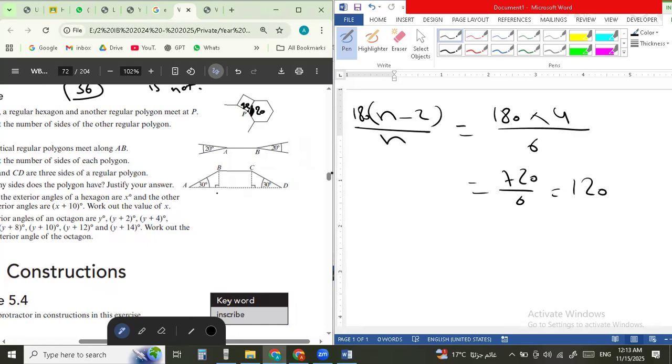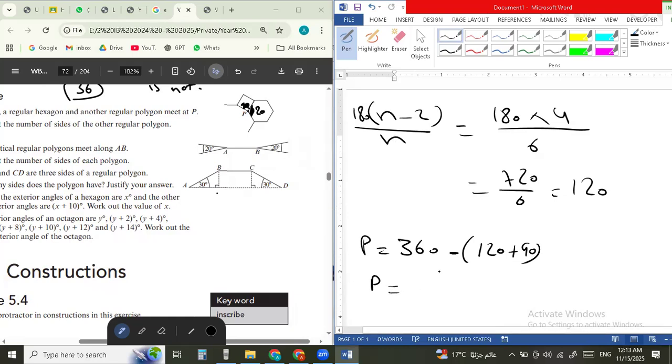So what is the total? 90 and 120 is exactly 210. So P equals 360 minus 120 and 90. The interior angle of the square is 90. The interior angle of the regular hexagon is 120.